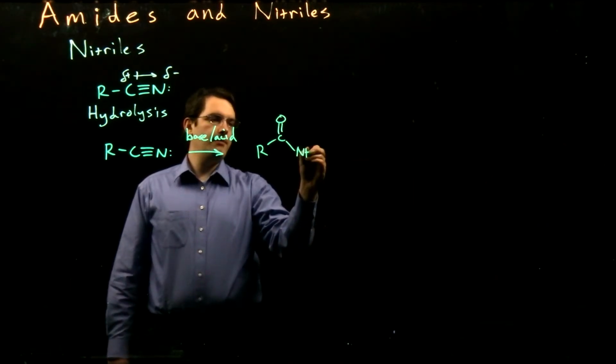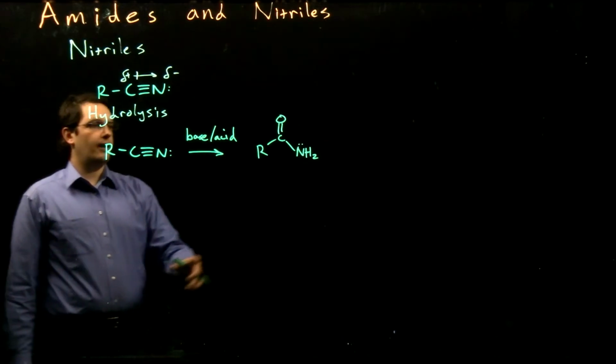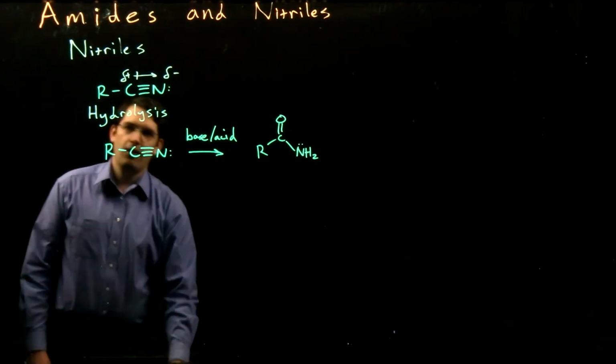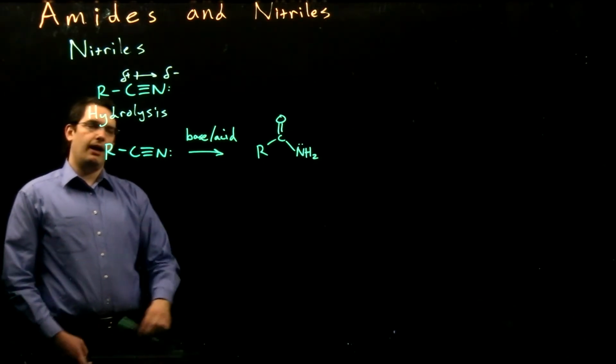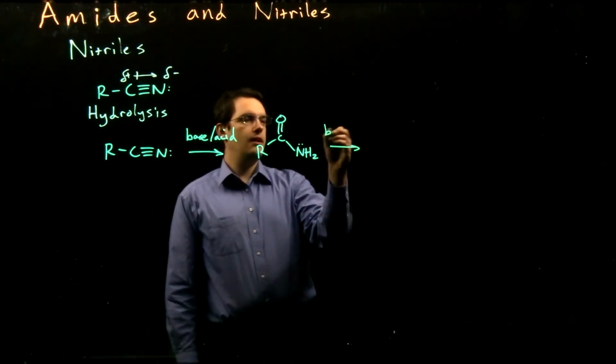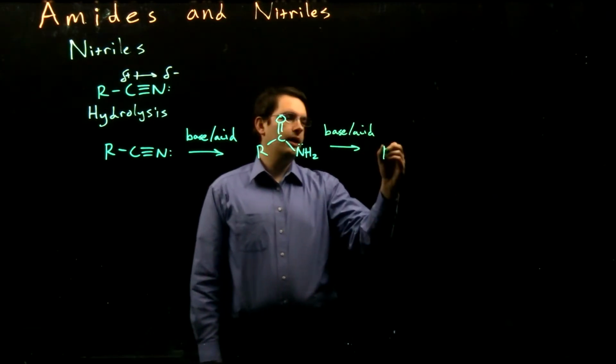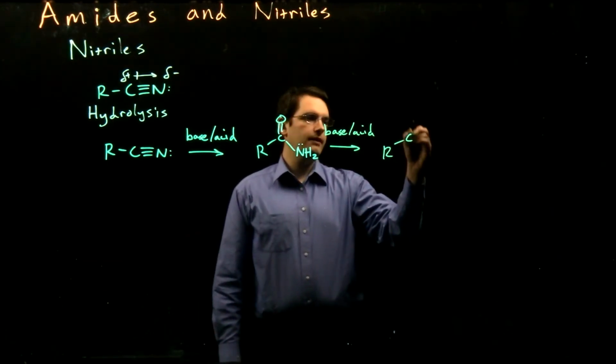Now, of course, you should remember from our previous discussion, right, that our amide itself can also react in a hydrolysis reaction. So under those same conditions, our amide is going to continue on to our carboxylic acid.